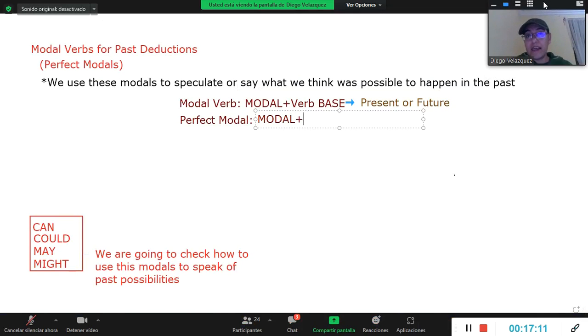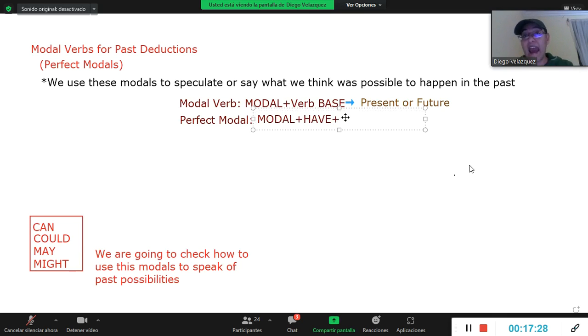We are going to use the modal, yes, but this time we are not using the verb in simple form. This time we are practically using a modal verb in combination with an auxiliary verb. In this case, the auxiliary verb is the auxiliary have.